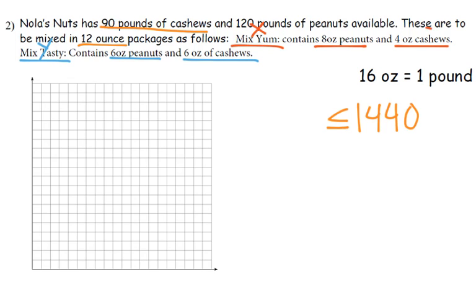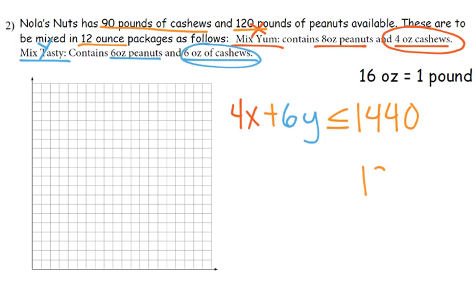So they have 4 ounces of cashews in Mix Yum, so I'd go 4 times X. And I'm going to add to that our Mix Tasty cashews, which is 6, so 6Y. Because we can't go over the amount of cashews we have. That's why we've got to pay attention to that. So in the same way, we'd find out what 120 is, so 120 times 16.